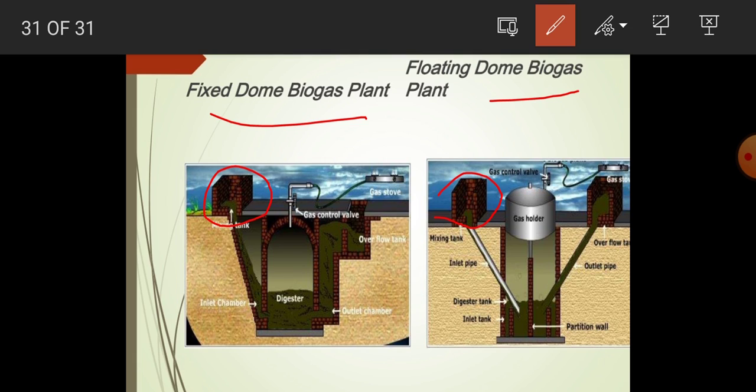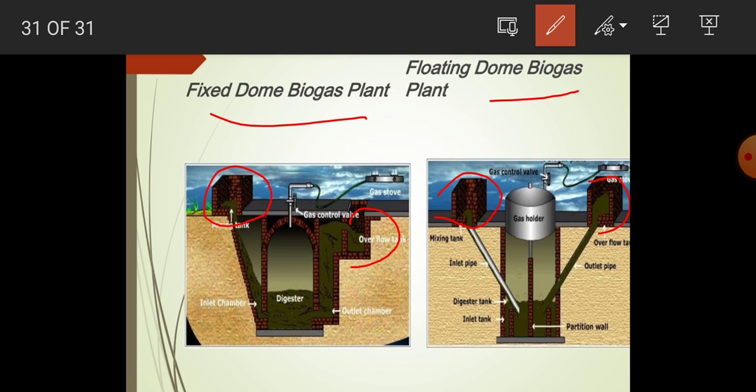Then there is an overflow tank similarly in both. The overflow tank in the fixed dome type can be constructed above the ground also. So the mixing and overflow tank are the same, the only difference is in the digester tank.